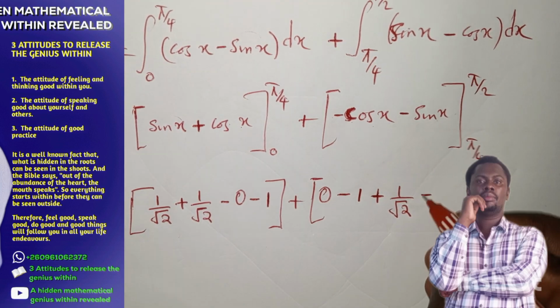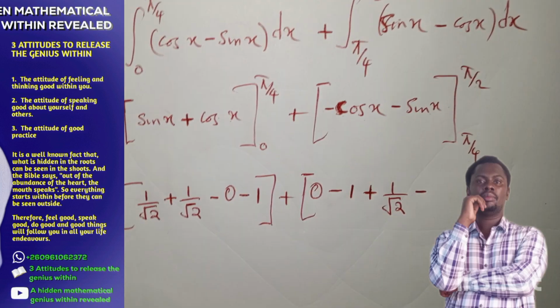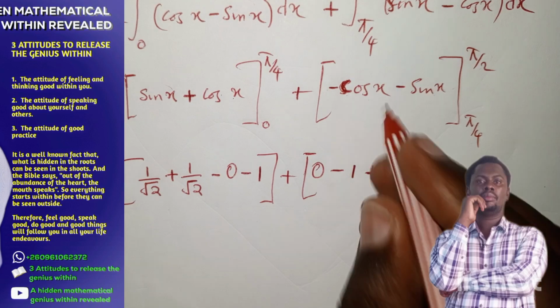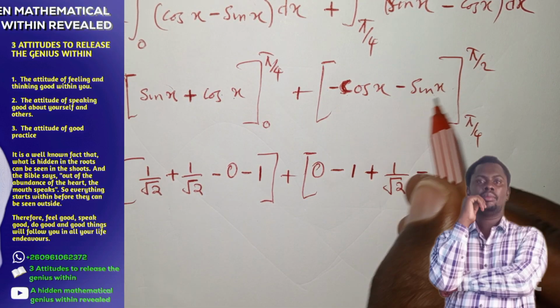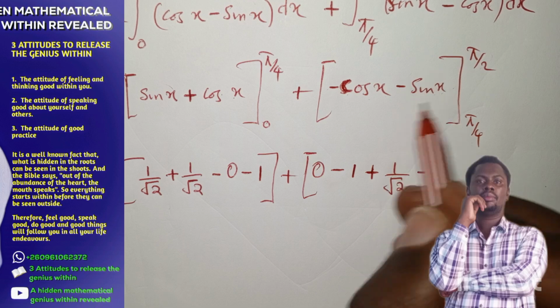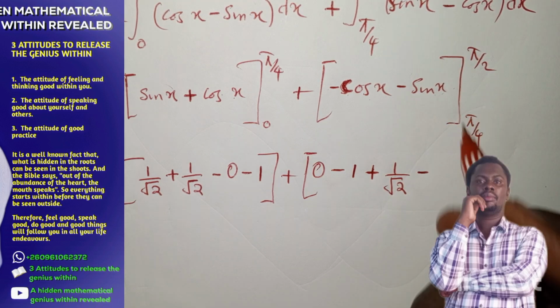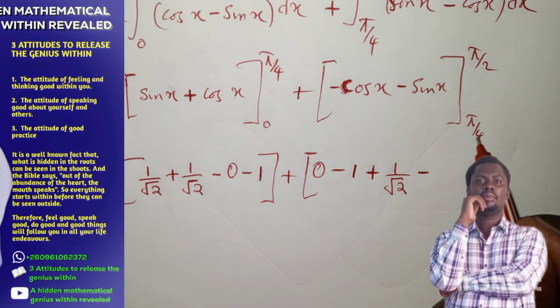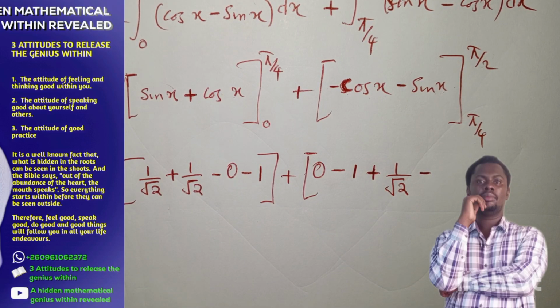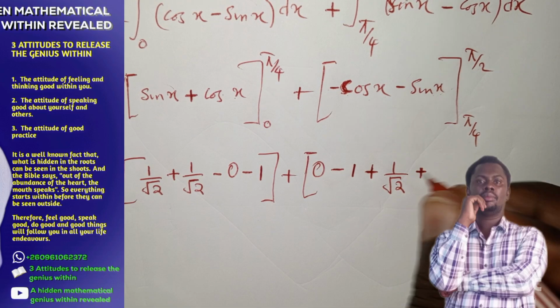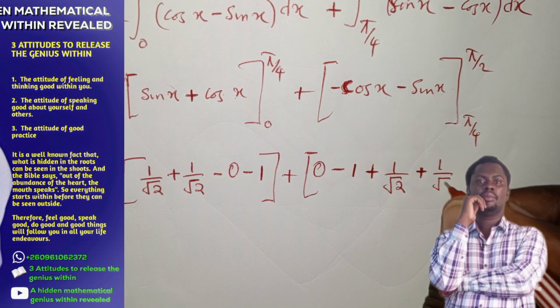Then minus, we have a minus, then minus. So this is minus sine x. Minus sine x, that is minus pi over 4. It is also going to be minus 1 over square root of 2. So this will be plus 1 over square root of 2.